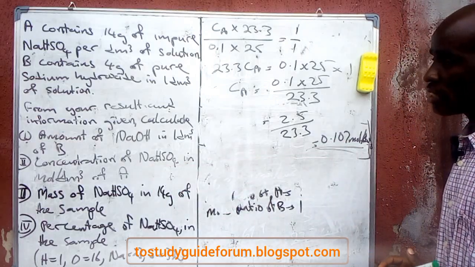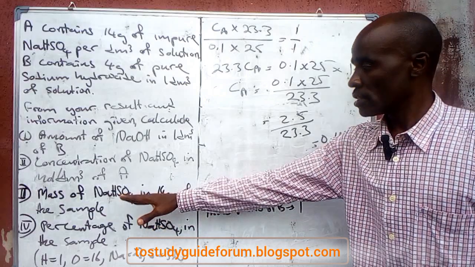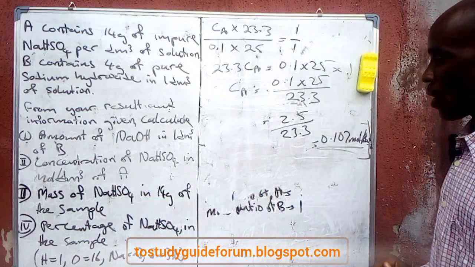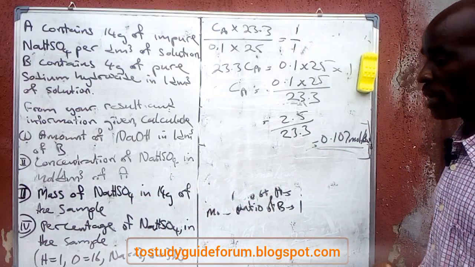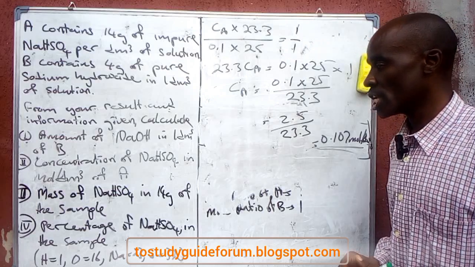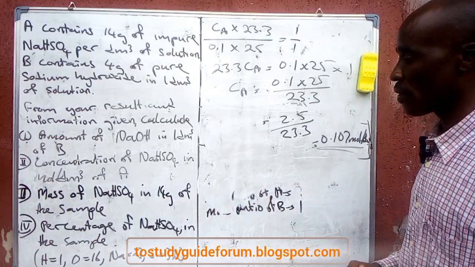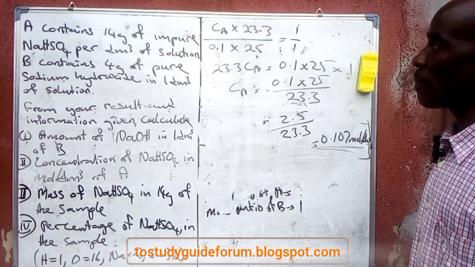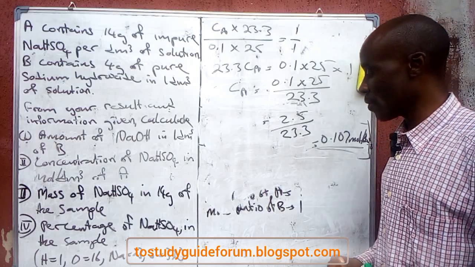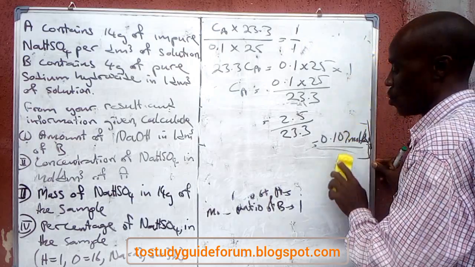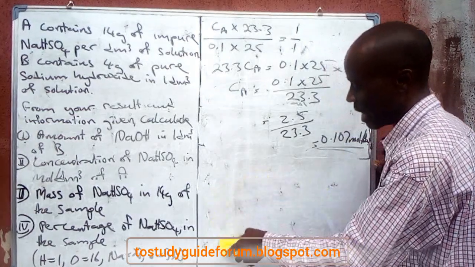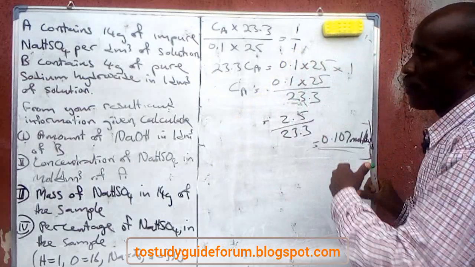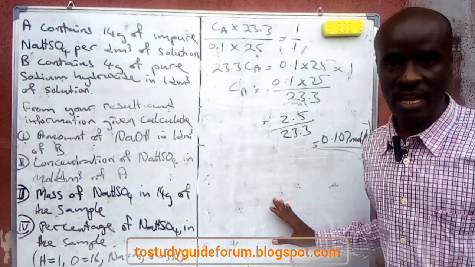So the next question says that we should calculate the mass of A, that is sodium hydrogen tetrasulfate 6, in 14 grams of the sample. Note, this sample tends to be impure. So we are going to find out the exact mass of sodium hydrogen tetrasulfate 6 that is there.